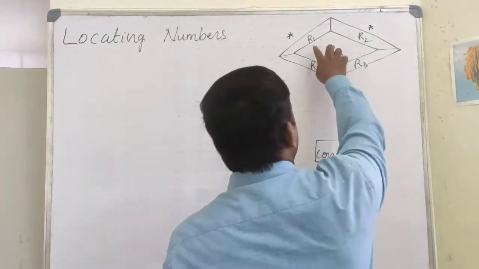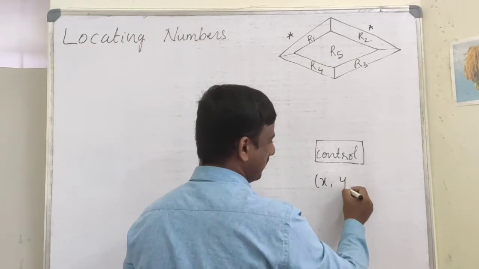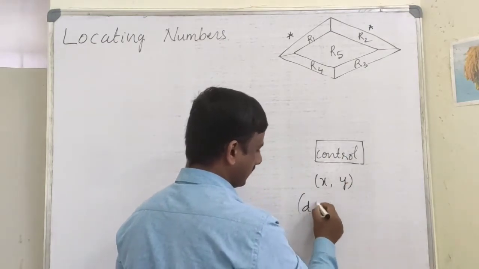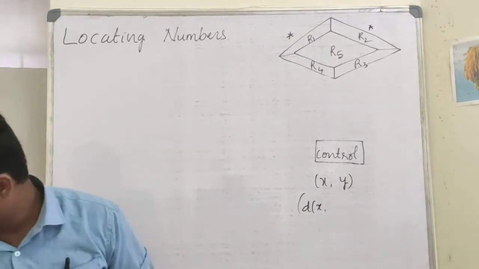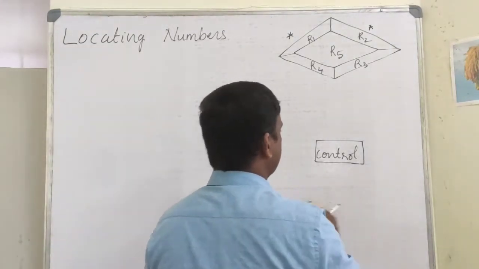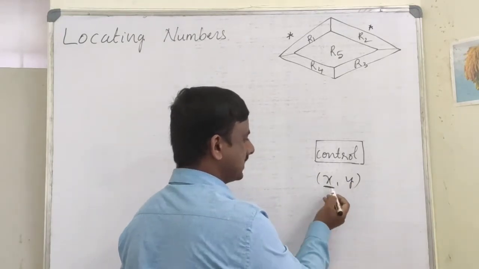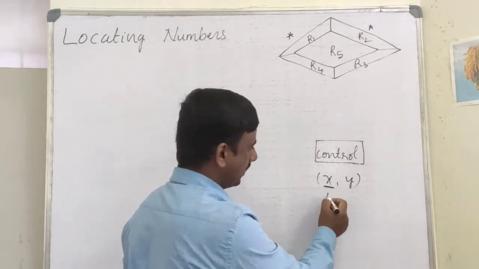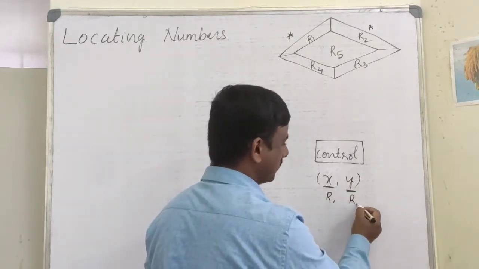Again I have to assign a code to each room, so I'll write a code in this form: x comma y, where the first number denotes the distance of that room to R1 and the second number denotes the distance of that room to R2.